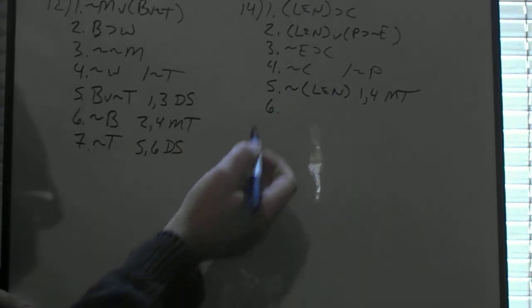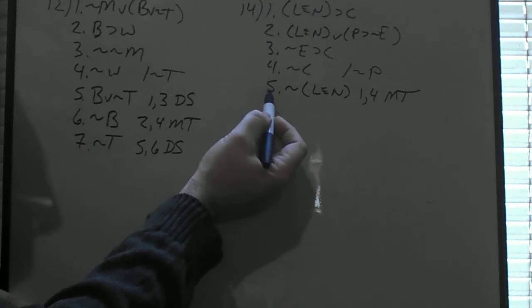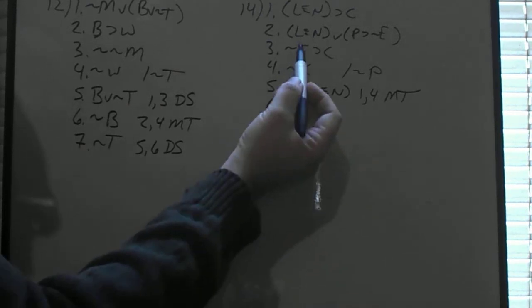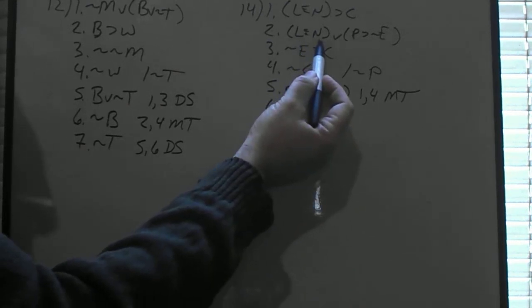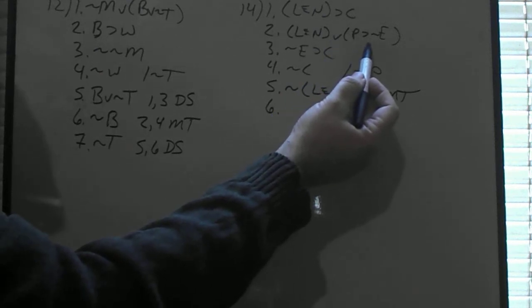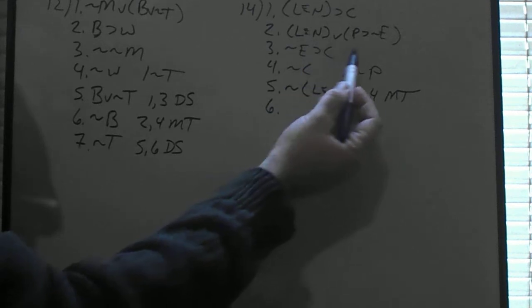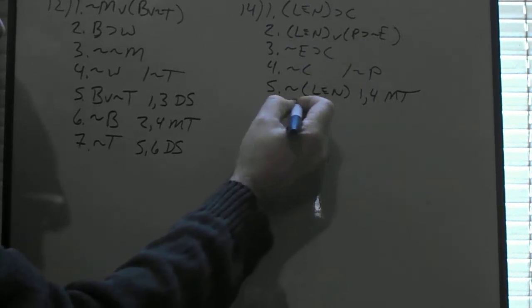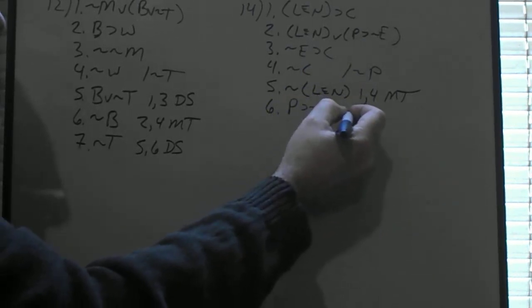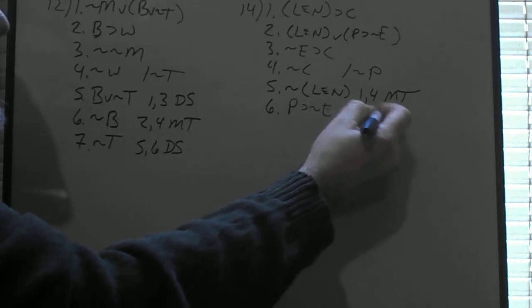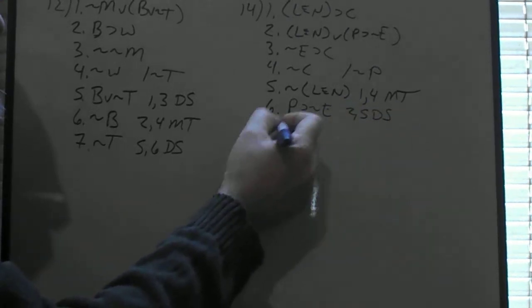Then 2 and 5 would make a disjunctive syllogism. It's either L if and only if N, or if P then not E. It's not L if and only if N, so it has to be if P then not E. From 2 and 5 disjunctive syllogism.